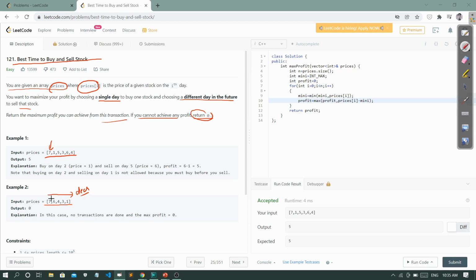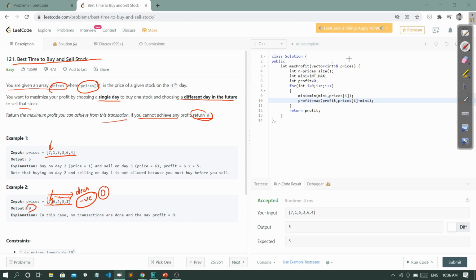Then you are not able to generate any profit. So suppose I buy the stock on any ith day, then you have to sell on a day greater than or equal to the ith day, and on all days we get negative profit or 0 profit. So in this case we have to return 0.